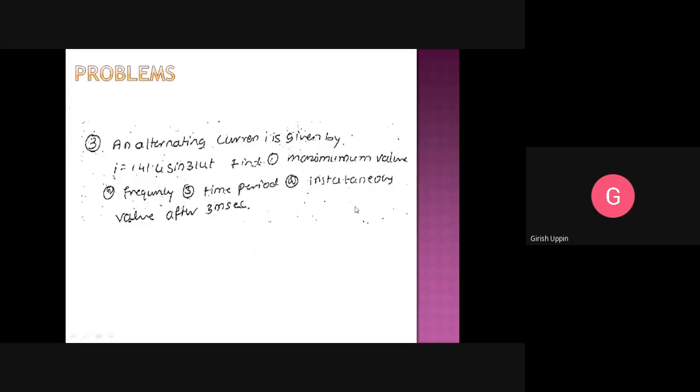Next, you have to find the instantaneous value at 3 millisecond. So in this equation, you have to substitute 3 millisecond, and make sure that you convert this time into seconds. So 3 millisecond is nothing but 3 into 10 raised to minus 3 second. And when you are putting this value, this would be in radians.